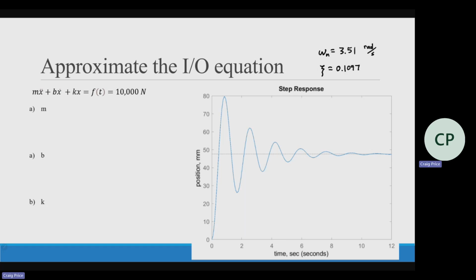Square the natural frequency to get K, and then you can use 2 zeta natural frequency to find B. It's a good thought. My question is, because we have a standard form for our equation, is this equation in standard form?